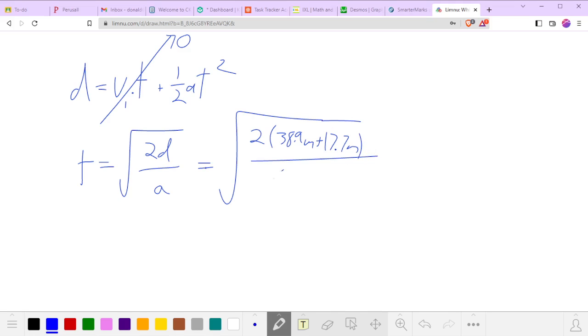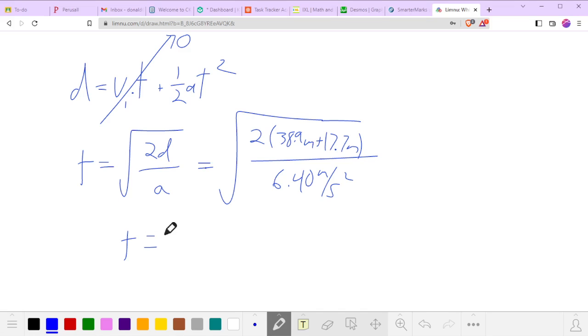And our acceleration was 6.40 meters per second squared. So 2 times 38.9 plus 17.7 divided by 6.40.